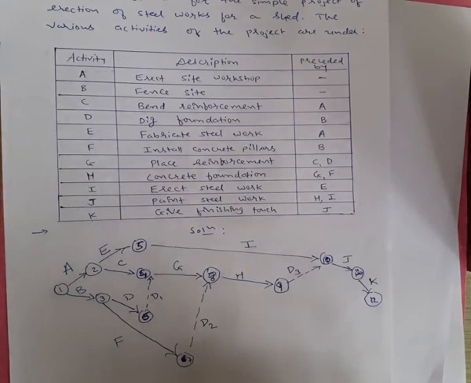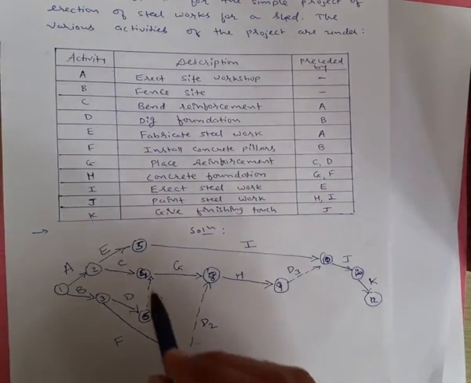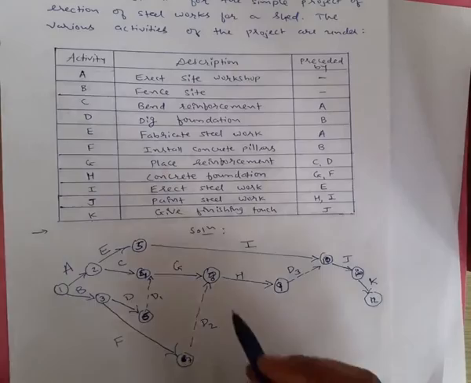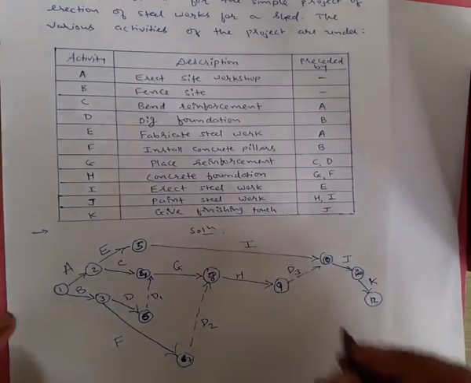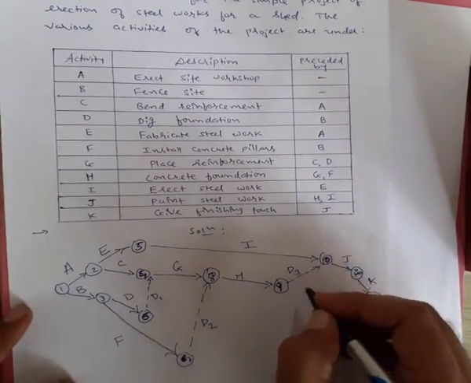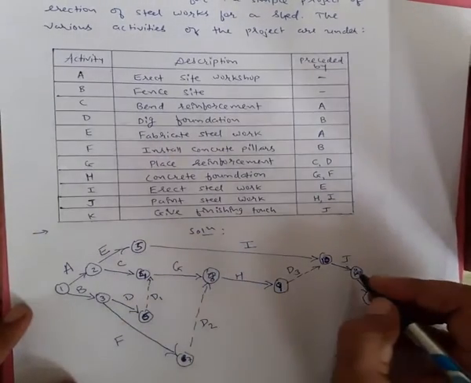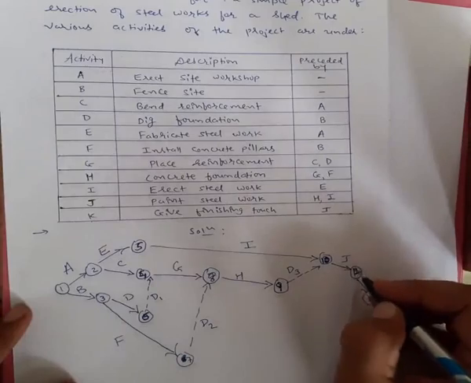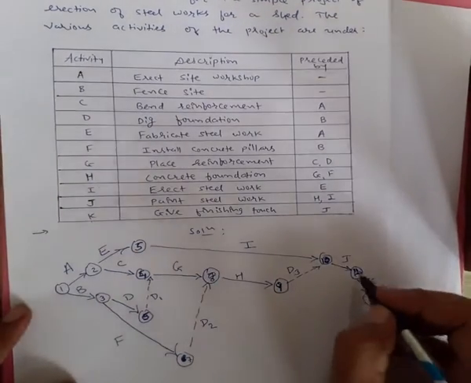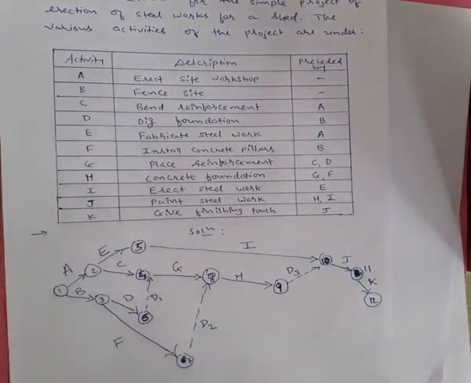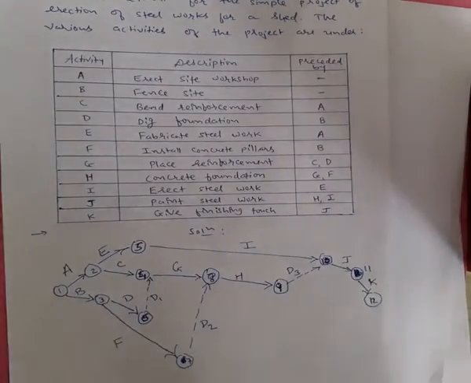That is the simple logic of numbering the nodes. 1, 2, 3, 4, 5, 6, 7, 8, 9, 10, 11, 12. So this is all about how to construct a network diagram. Thank you.